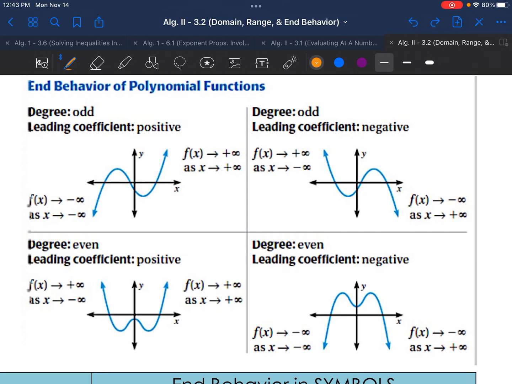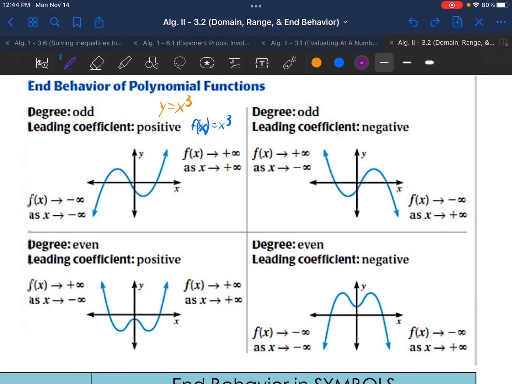As x goes to positive infinity, the y's or f of x will always go to positive infinity. A quick example would be y equals x cubed, or f of x equals x cubed, which is really the same thing.